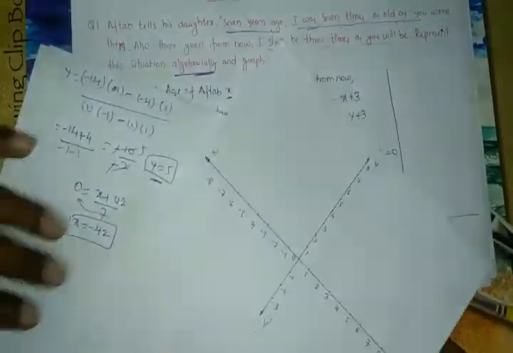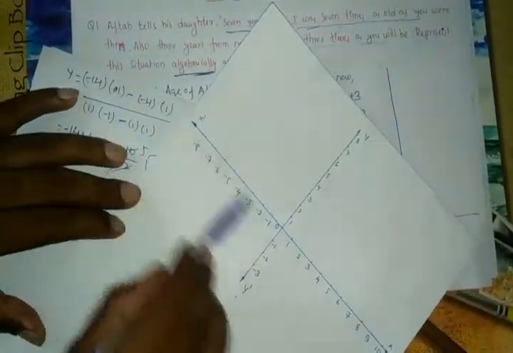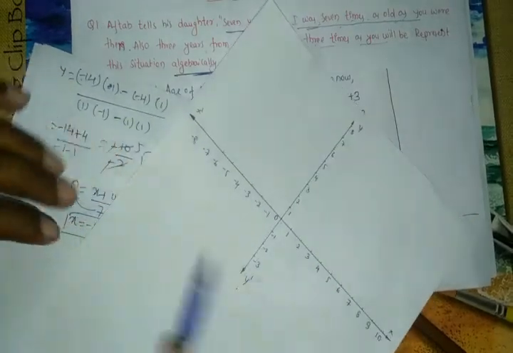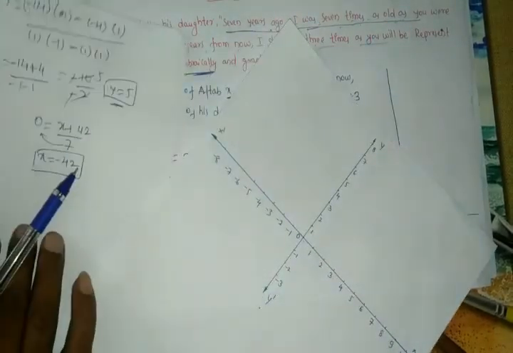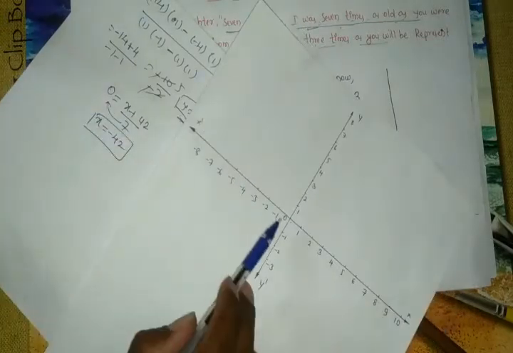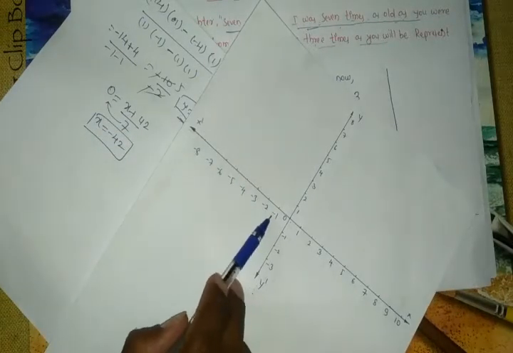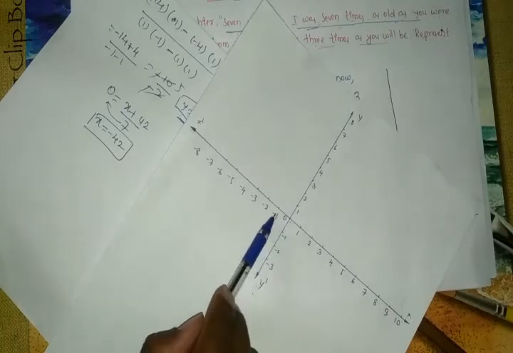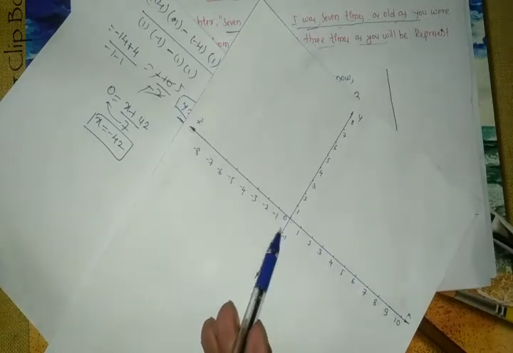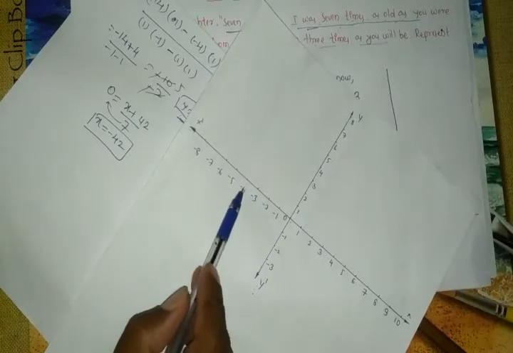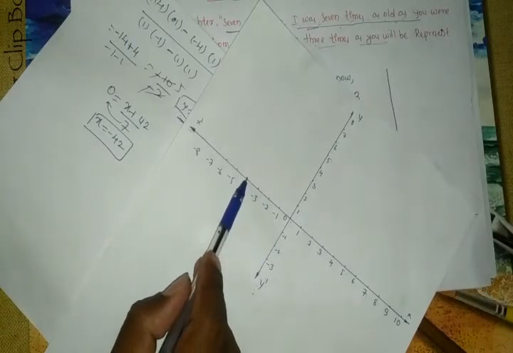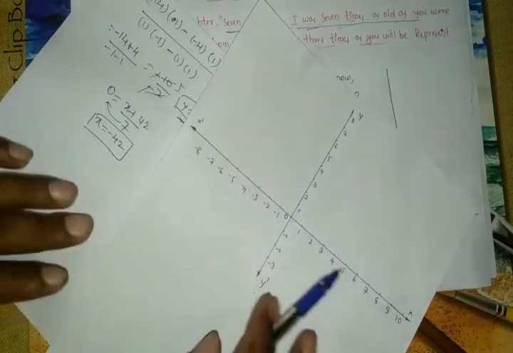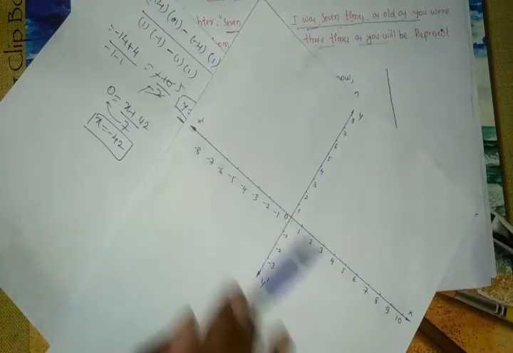So this -42 will go beyond the graph. You can represent this -42, but you have to change the interval, right? You can take multiples of 5, or multiples of 10, like 10, 20, 30, 40. Then I can represent 42 here, but I have decided I will go with interval 1.